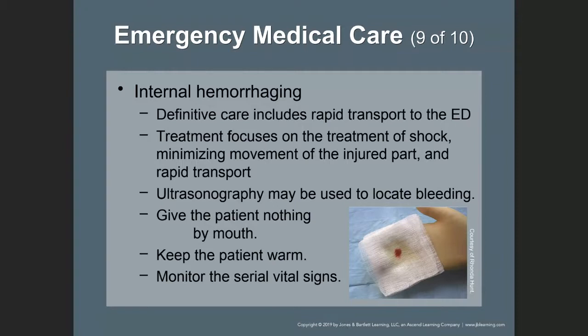Keep the patient warm. Monitor serial vital signs. At least 3 sets of vital signs should be your goal if your patient is critical. That will give you a pretty good picture of whether or not your patient is trending up or trending down.